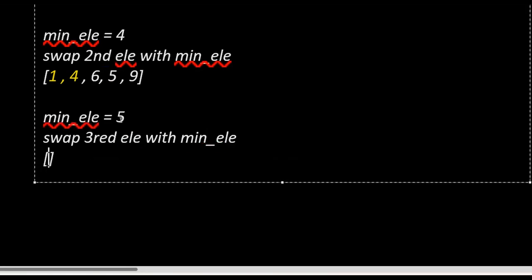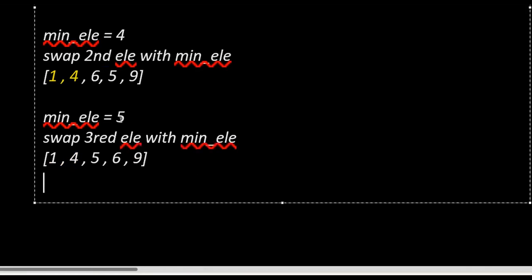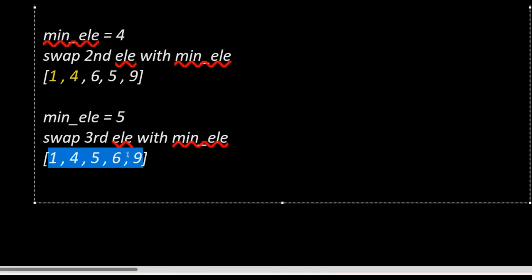So my list will become 1, 4, 5, 6, 9. You can see all my list got sorted now, or else you can say up to the third element my list got sorted.